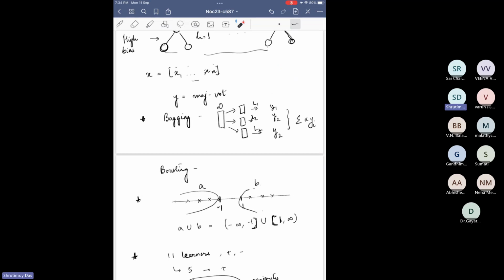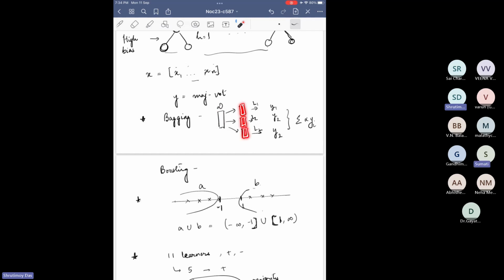So bagging is, suppose you have this data set D. Now you will create some M subsets of this data set. In this example, you are creating 3 subsets.